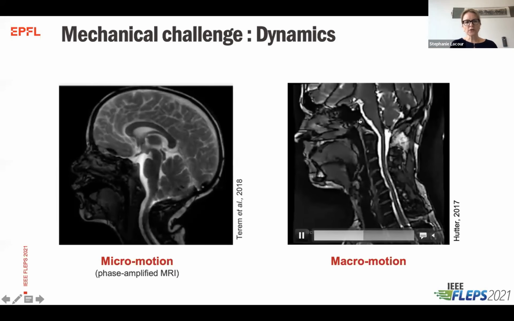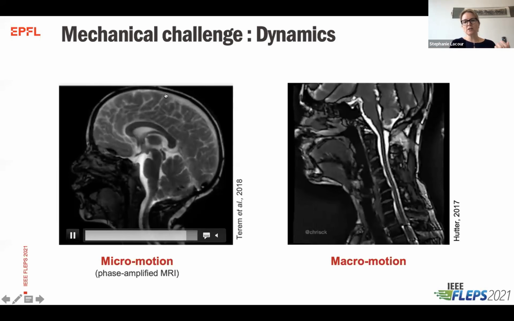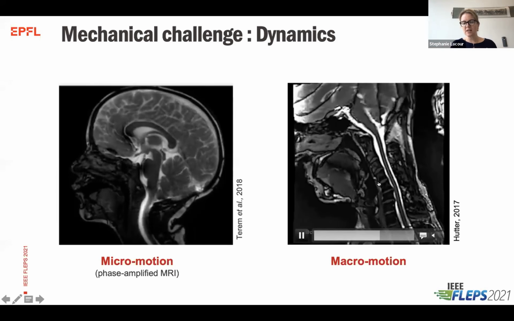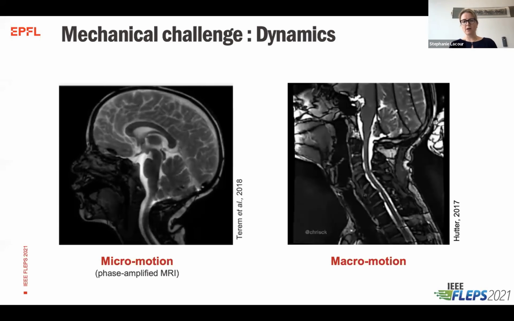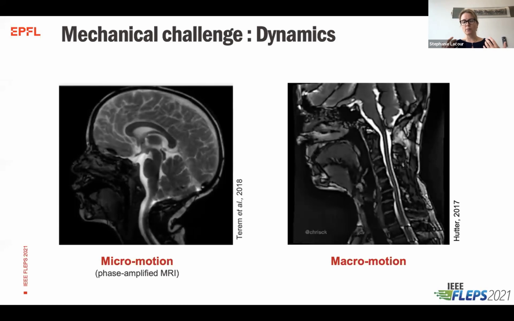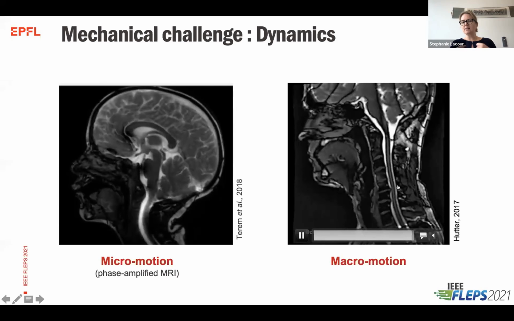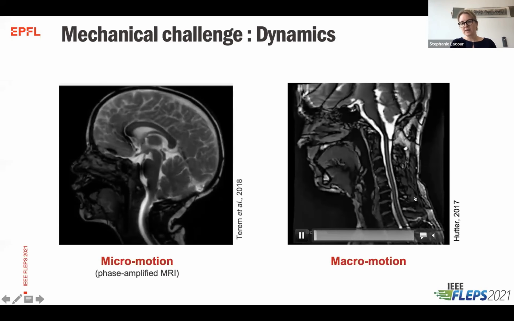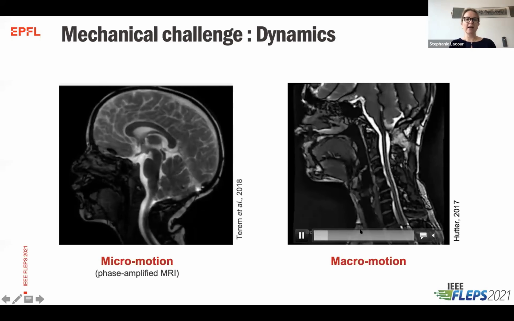Of course, at the surface of the cortex, the displacement of the tissue is not as much as what you would see here on the right-hand side, where those two movies show MRI movement. Here you have, on the macroscopic scale, quite demanding stretch and compression of, in this case, the cervical spinal cord when the person is just moving his head.